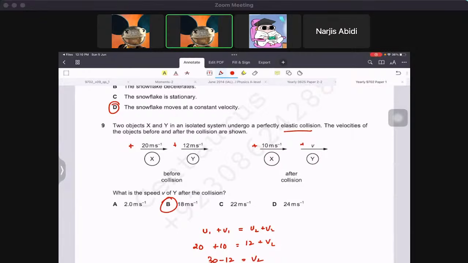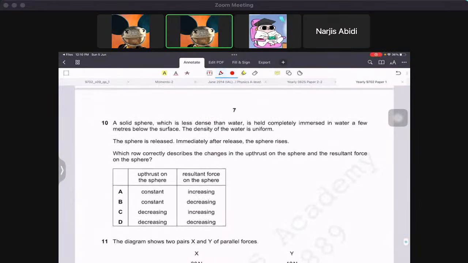Okay, now a solid sphere which is less dense than water is held completely immersed in water a few meters below the surface. The density of water is uniform. The sphere is released. Immediately after release, the sphere rises. Which row correctly describes it?